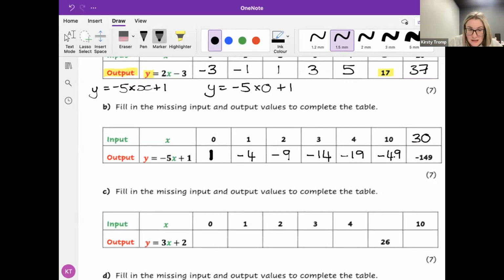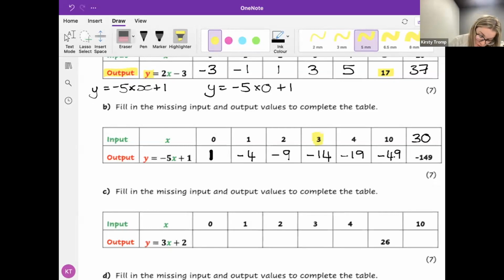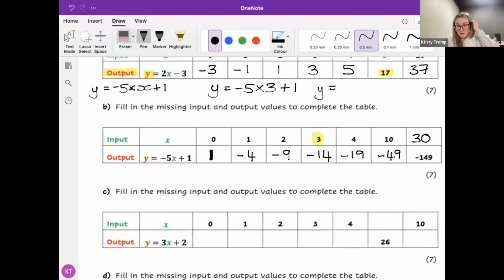All right, let's do another one. Let's try when x is equal to 3, guys. So y is equal to negative 5 times 3 plus 1. Well, Samu, remember that when you have a positive number times a negative number, your answer is always going to be negative, right?